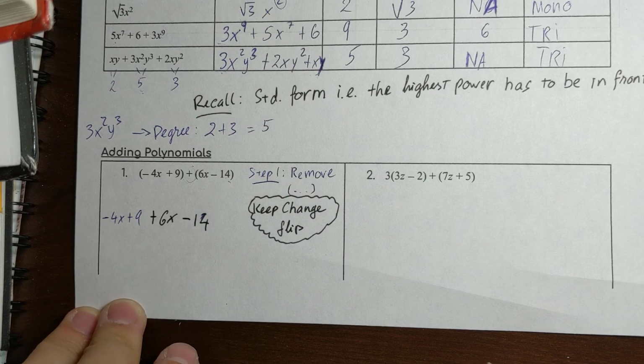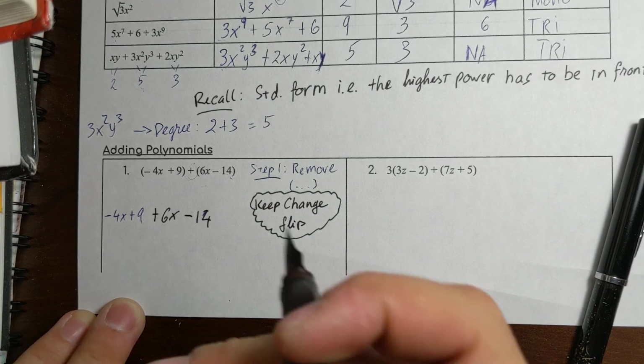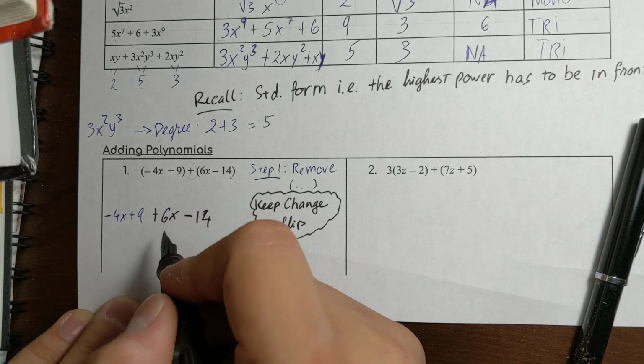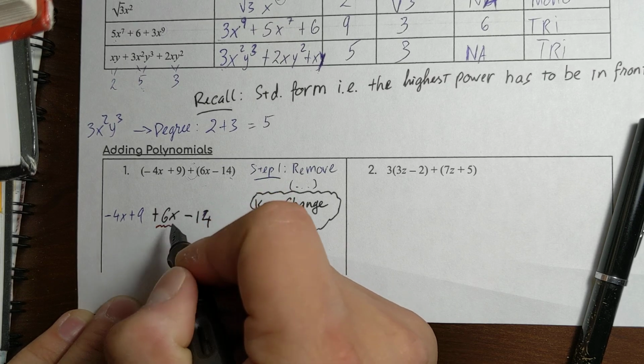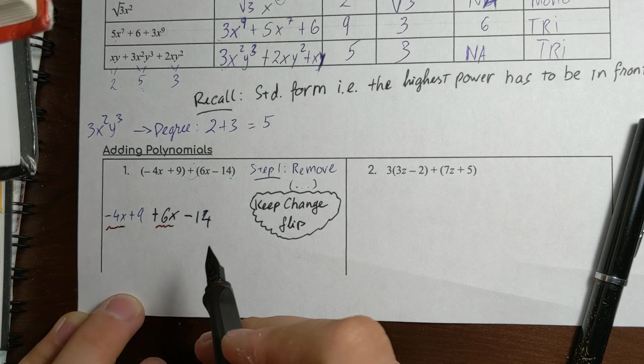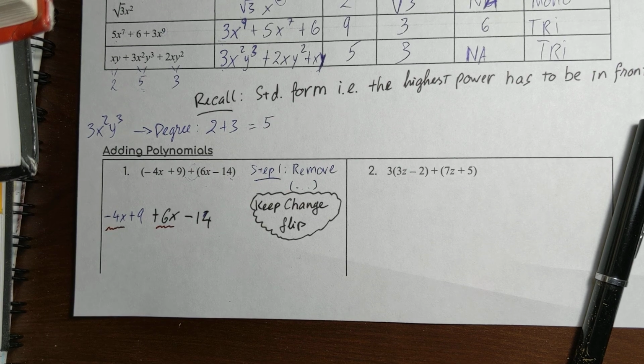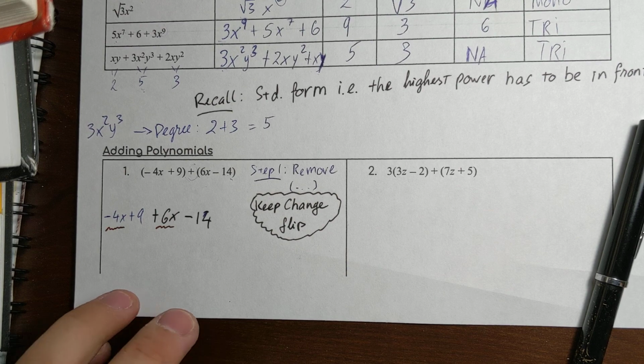Once you have that done, you can combine like terms. So when you look at this, you should see that 6x and negative 4x are nearly identical, meaning they have a number with an x next to it. So we can combine them.